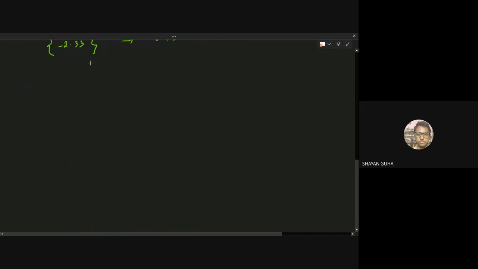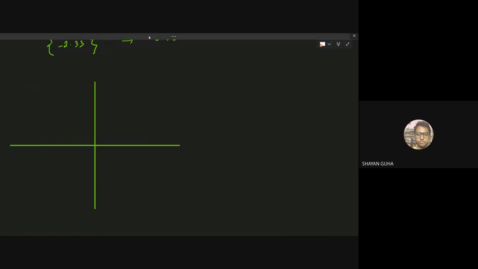I will be drawing a rough sketch, okay? It won't be up to mark because let's say this is the origin, 1, 2, 3. I'm taking up to 3, and in this direction I'm taking minus 1, minus 2.